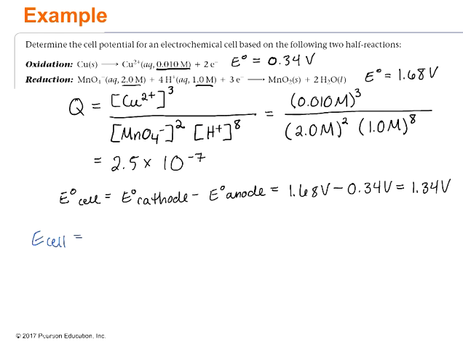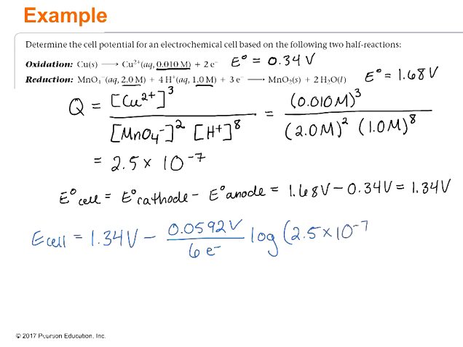So we've got E cell under standard conditions, and then we know the number of electrons was 6. And we're going to multiply that by the logarithm of Q, which was 2.5 times 10 to the negative 7th.